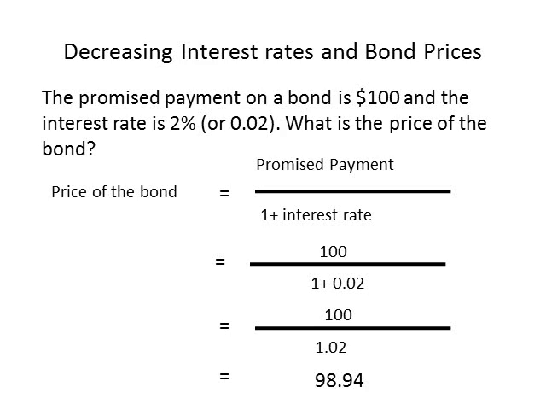We add 1 to the interest rate, which gives us 1.02. So our next step is 100 divided by 1.02. And if we do the math, we find that that is $98.04. What this means is that if a person buys a bond at $98.04 and in 1 year redeems it for $100, they've earned a 2% interest rate on that bond.